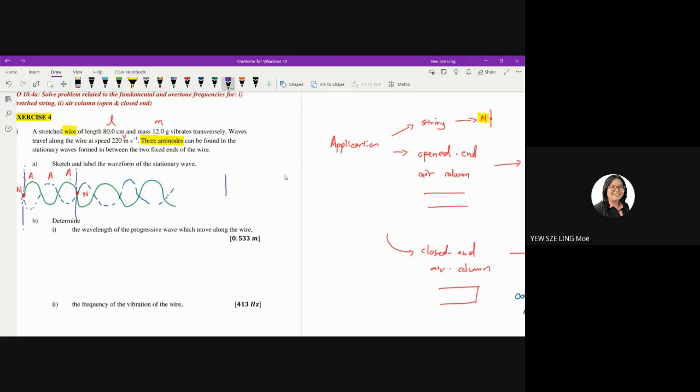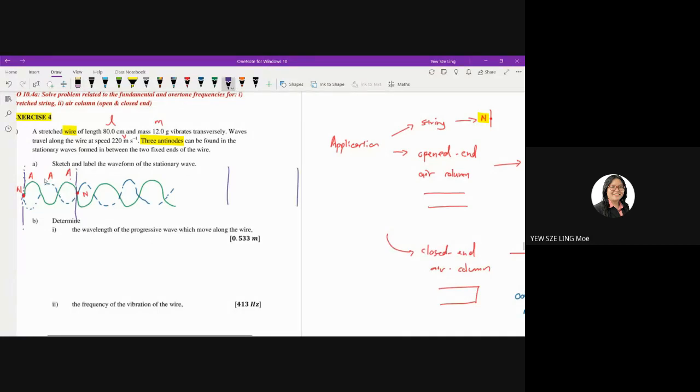So you have 2 fixed ends. This is the first one, second one, third one, and then here, this is a fixed end. This is the answer according to the part that I cropped out. Oh no, I drew it wrong. I'm going to draw 2 fixed ends first to make it easy.